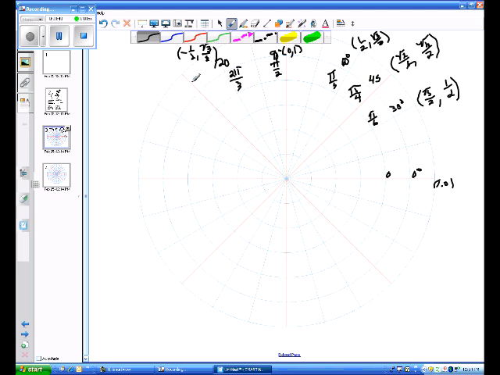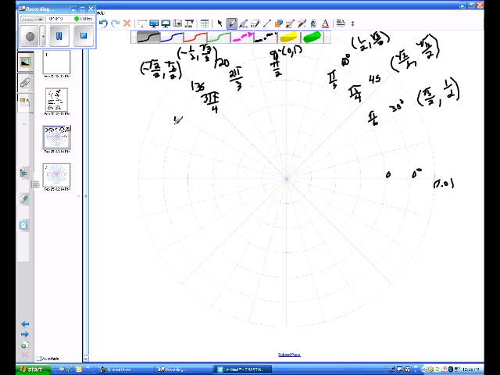For 135, which is 3 pi over 4, okay, our cosine would be negative square root of 2 over 2. Our sine would be square root of 2 over 2.